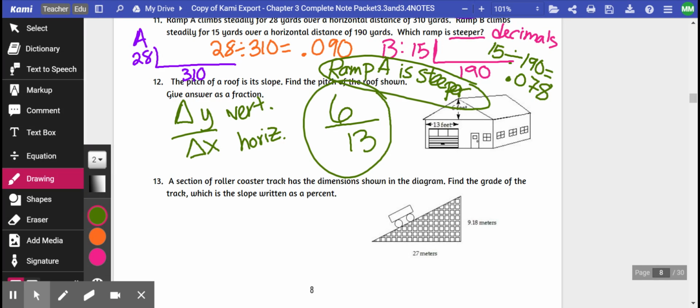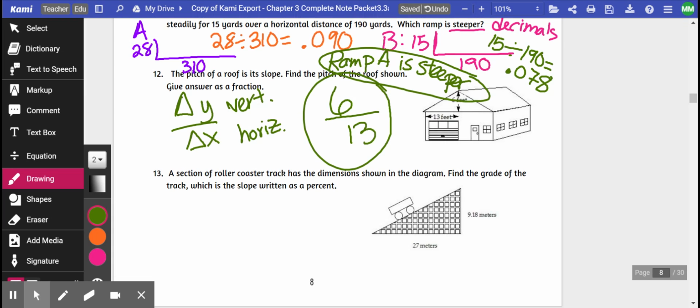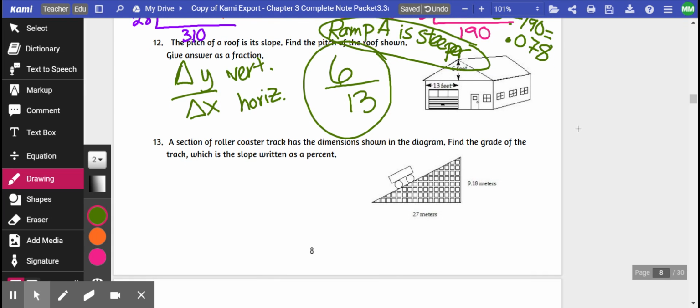For number 13, it says a section of roller coaster track has the dimensions shown in the diagram. Find the grade of the track, which is written with the slope as a %. So let's have our vertical over our horizontal.